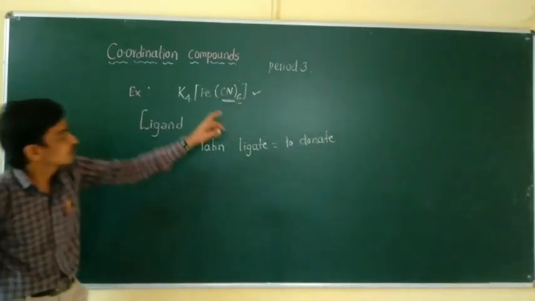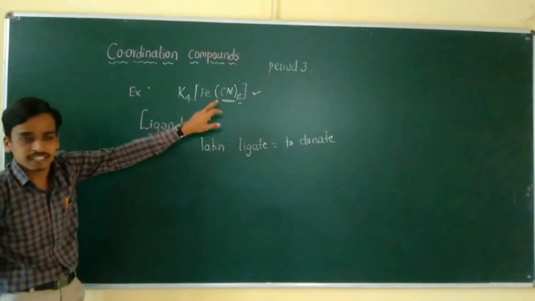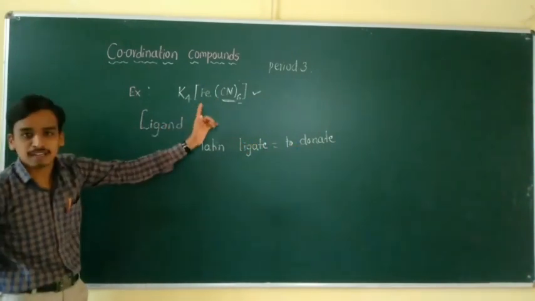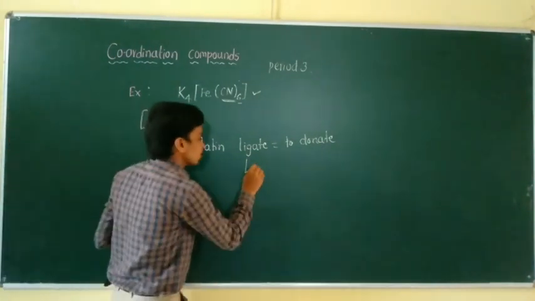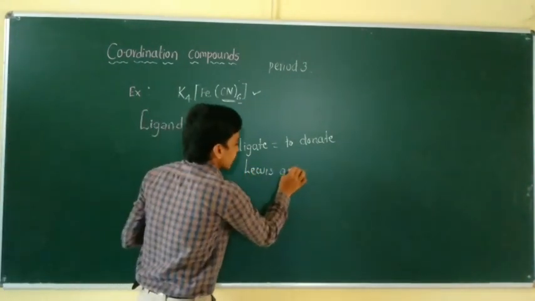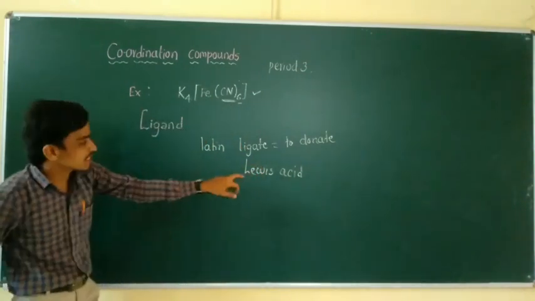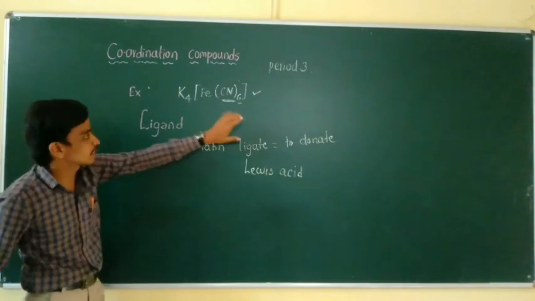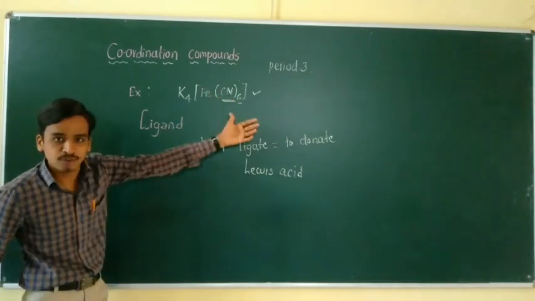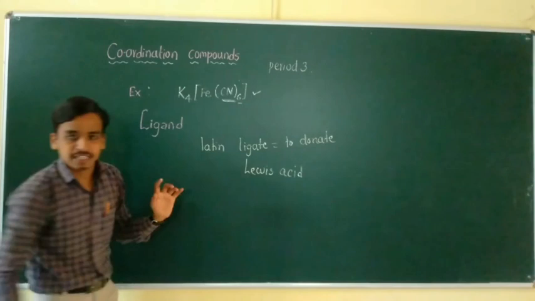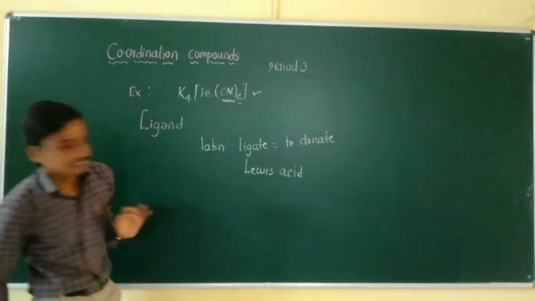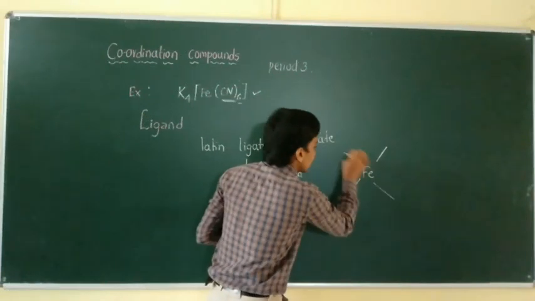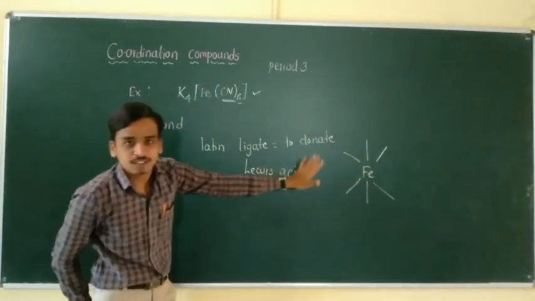To donate means these molecules or atoms are donating a lone pair of electrons towards the central metal atom. Therefore, these are also known as Lewis bases. According to the Lewis acid-base definition, a base is a lone pair donor. It means these cyanides give lone pairs of electrons towards the central metal atom. You can represent it like this: iron is present in the center, and 6 cyanide ions are coming in an octahedral geometry.